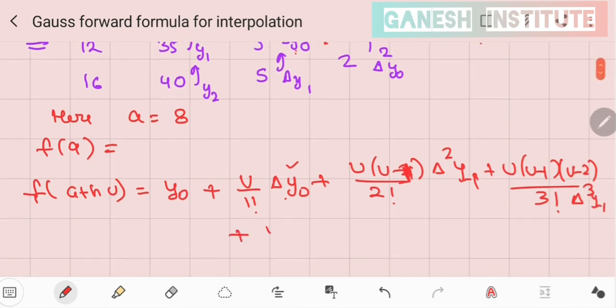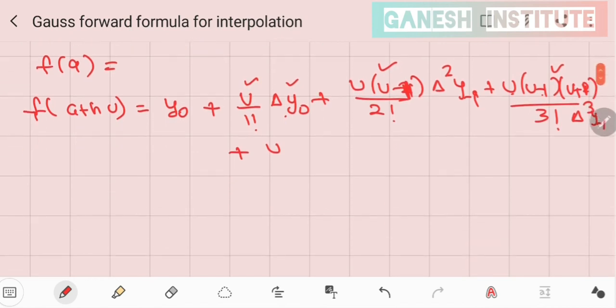Then u. Now, one more thing you need to understand here, the difference. This is u. You have got u minus 1 here. But in Gauss forward, you don't always keep decreasing. This is u minus 1. You also need to take u plus 1. So u minus 1, u plus 1.